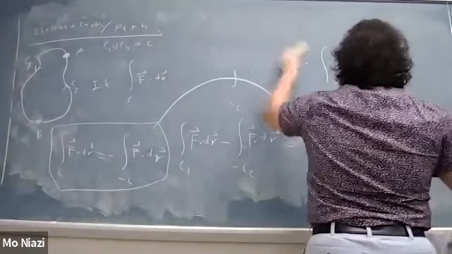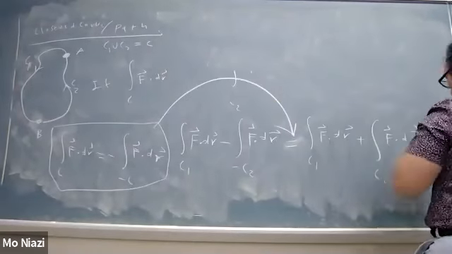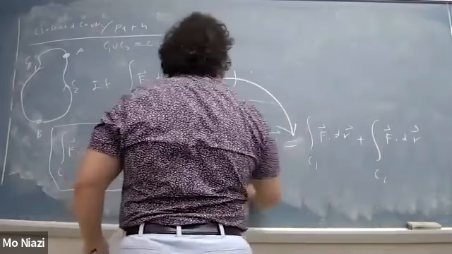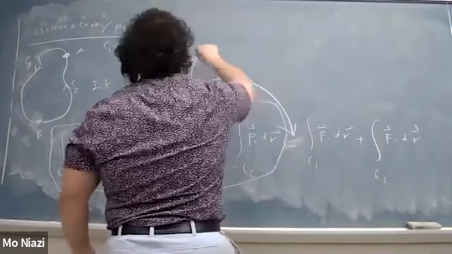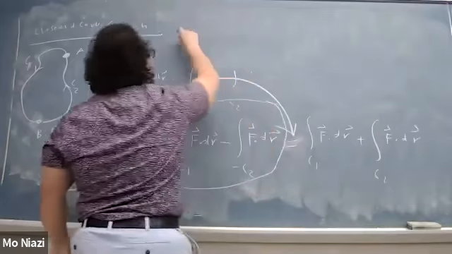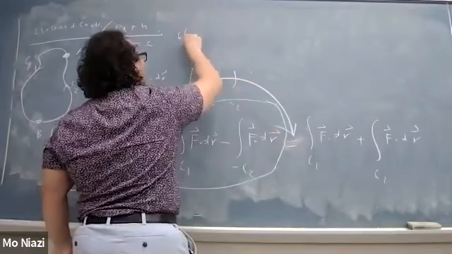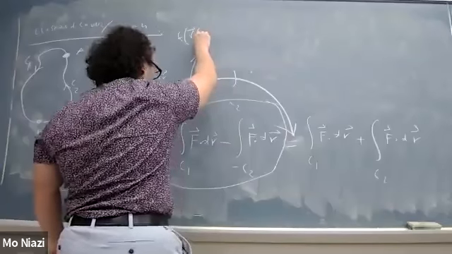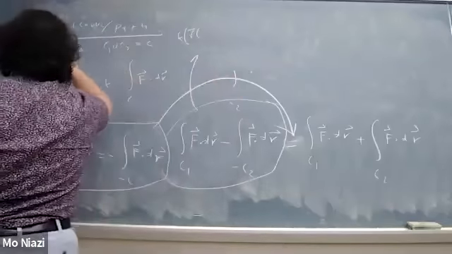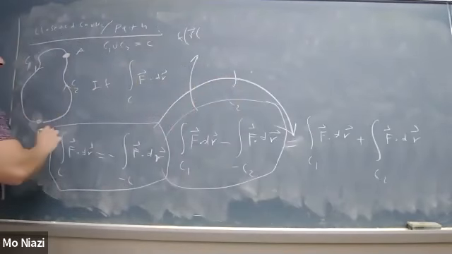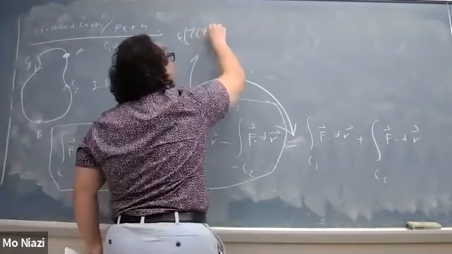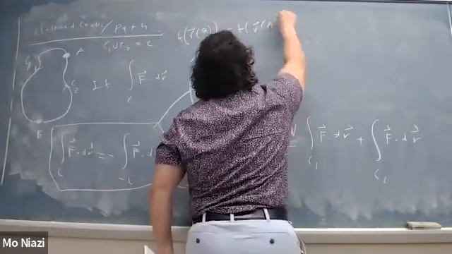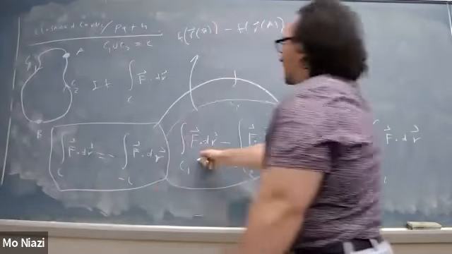But notice that when we utilize the fundamental theorem of line integrals, this equation says that f of r of... notice that C1 goes from A to B, so the final is B, the initial is A, so that's this piece.